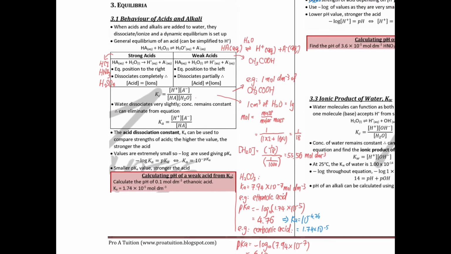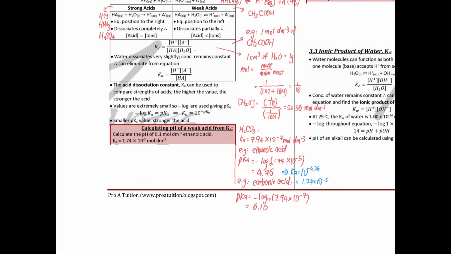This question we just discussed only. Okay, so here, calculate the pH of 0.1 mole per dm cube of ethanoic acid, Ka equal to 1.74 times 10 to the power of negative 5. Okay, so you want to count pH, right?